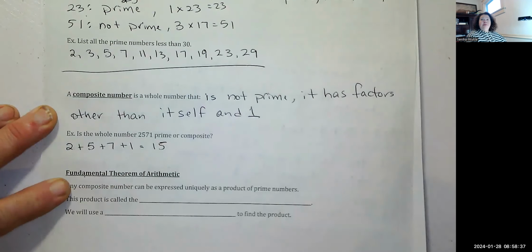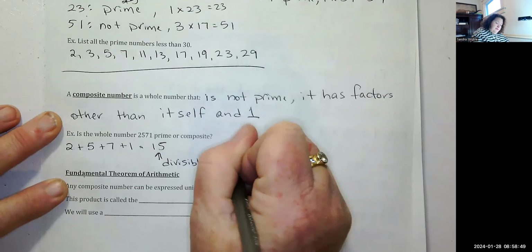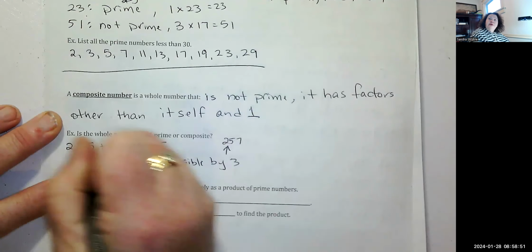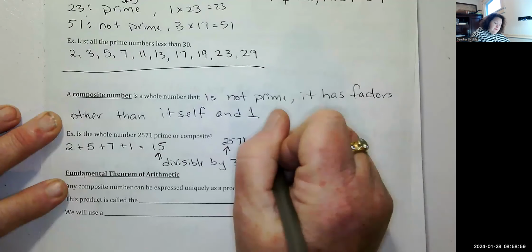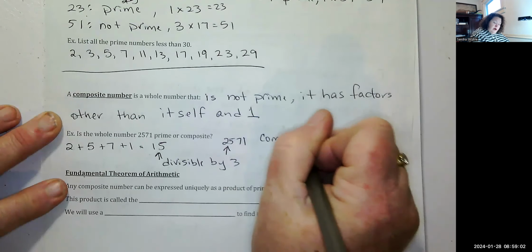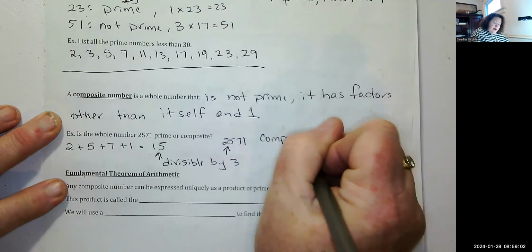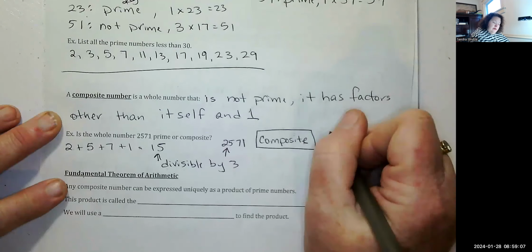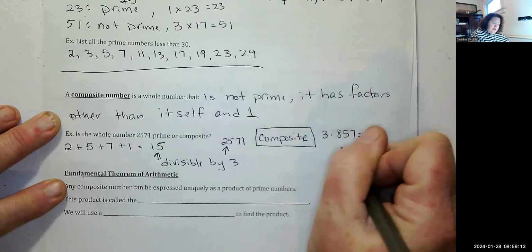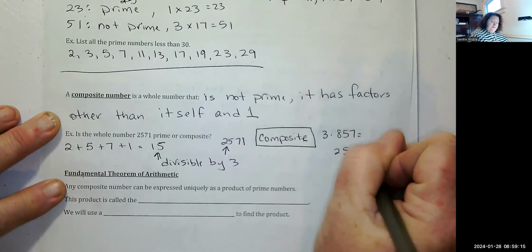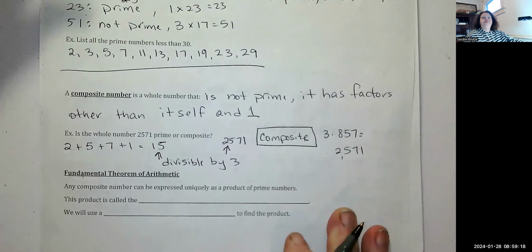So this is divisible by 3, as is the 2,571, because the sum of the digits add up to a number that's divisible by 3, and that's one of the rules. Okay, so it is composite. It is not prime. And then if you take 3 times 857, you get 2,571. Okay, that's the proof for it.